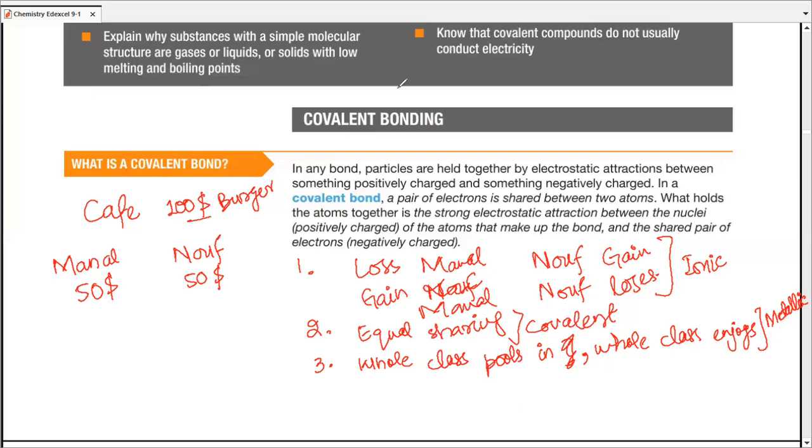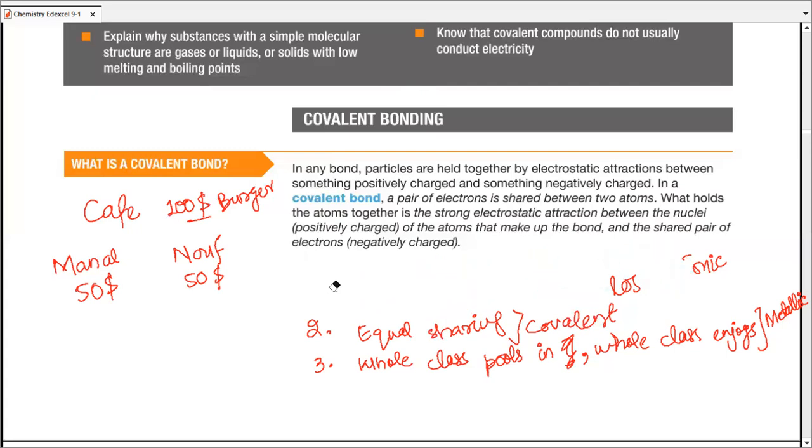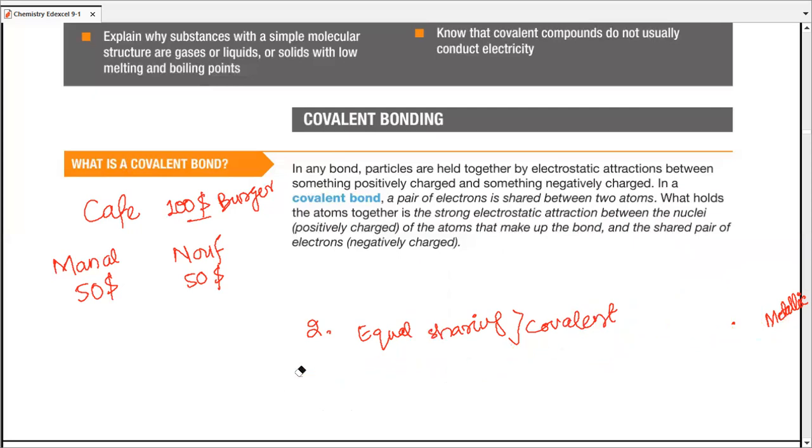So what we're going to do this time is that we're going to go with sharing. This chapter is all about equal sharing. And what are we talking about? We're talking about sharing of electrons. So two atoms are going to share electrons. Previously, an atom used to give an electron, and we used to draw an arrow from one atom to another, because the electron was transferred from one to another.